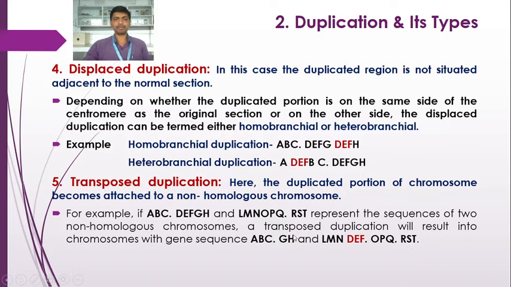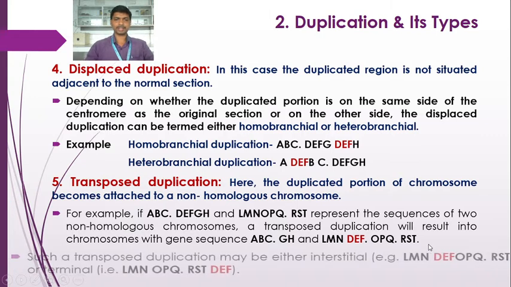Okay, such a type of duplication is called transposed duplication, where the duplicated portion of a chromosome becomes attached to a non-homologous chromosome. Here LMN OPQ centromere RST is non-homologous to ABC centromere DEF GH. So this duplicated DEF portion gets attached to the non-homologous chromosome, giving LMN DEF OPQ centromere RST. Okay, so this is the transposed duplication.